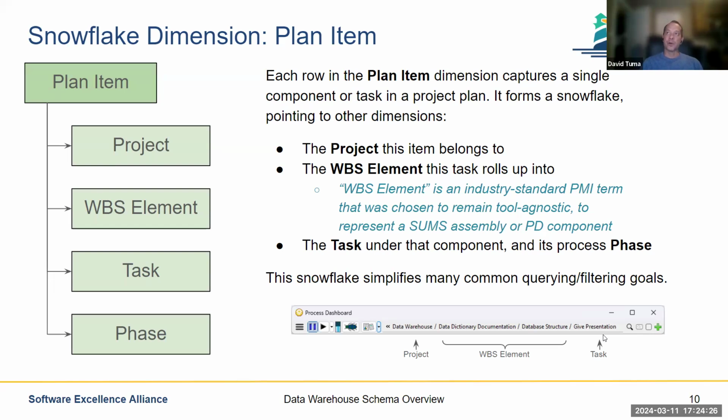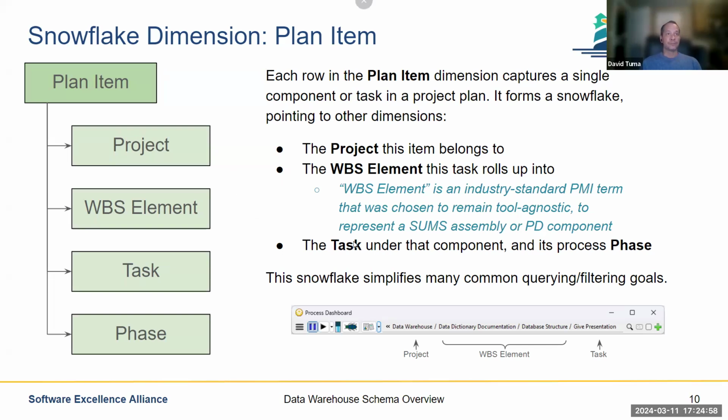And if you were looking at the process dashboard's breakdown structure, you'll know that we generally build a top level thing out of components, which are little square things, and then we create tasks underneath them. And so the components are what get translated into WBS elements, and then the tasks underneath those are tasks. So that's the distinction. As long as we're all familiar with that and we don't trip over the word WBS element, then we can keep it.